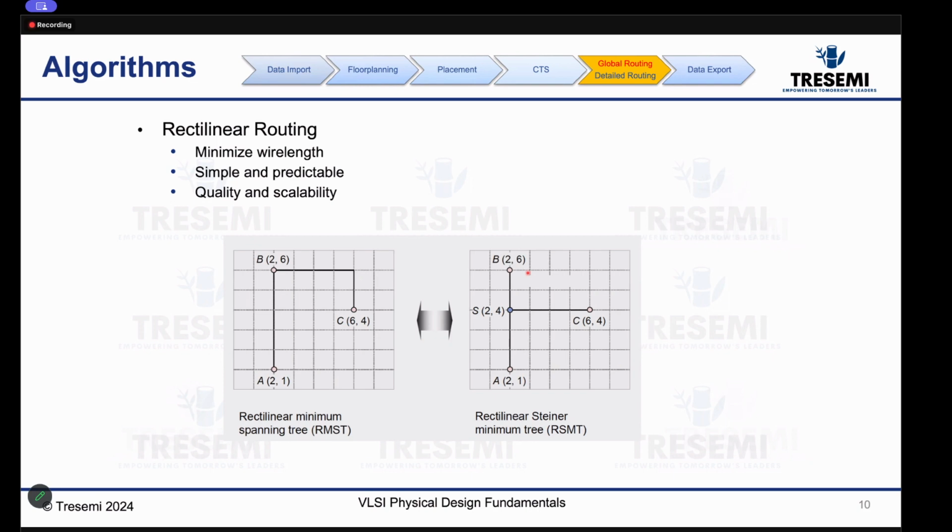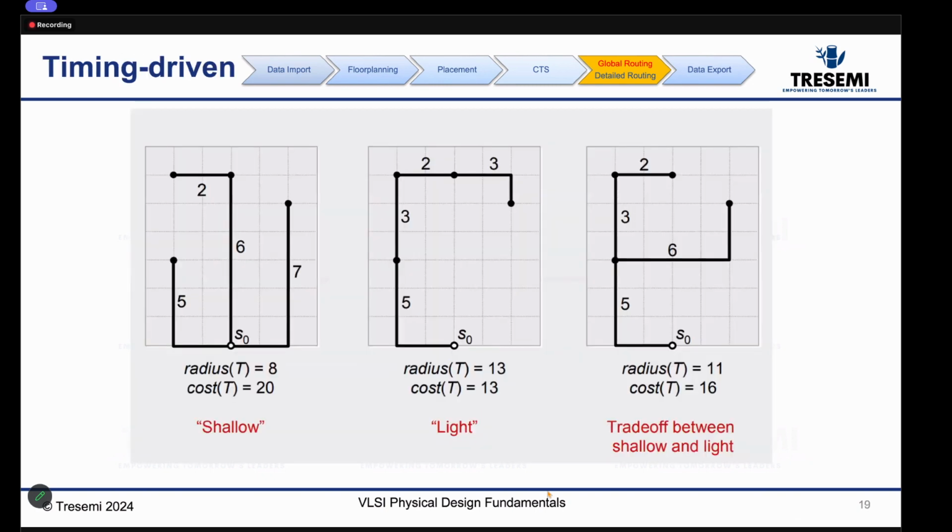Instead of that, they have some cost function, right? Everything has to be a cost function. So one way you can think of this: previously, it just connects all these pins together, right?